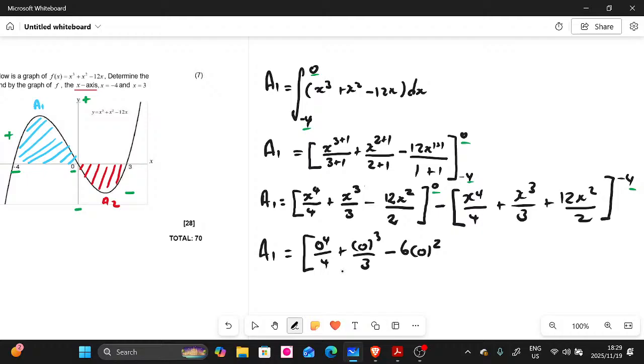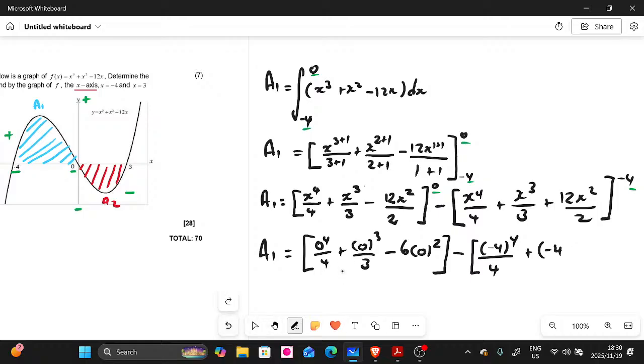Remember, x is squared there. Then we minus them, and then we go to the second bracket. This time around, we're going to substitute with negative 4. So we're going to say negative 4 to the power of 4, divided by 4, plus the other one is going to be negative 4 cubed.